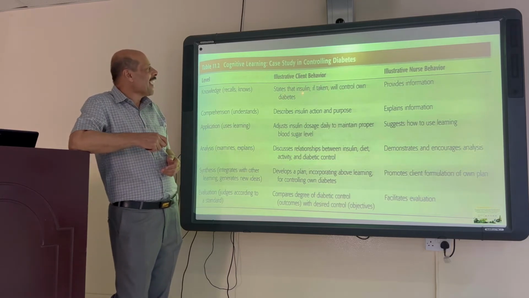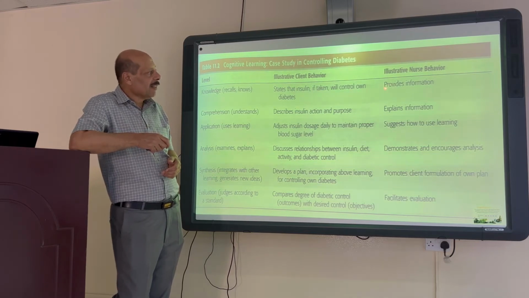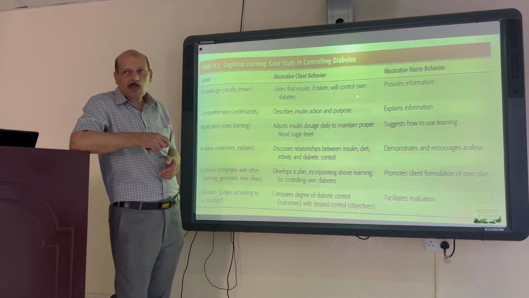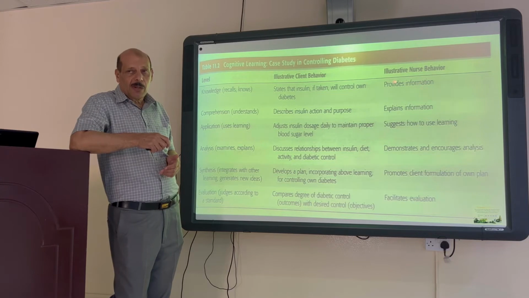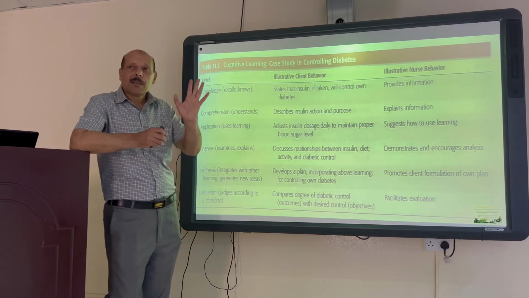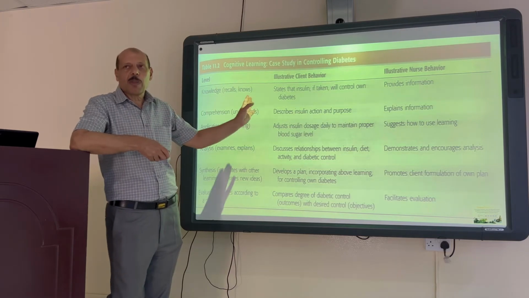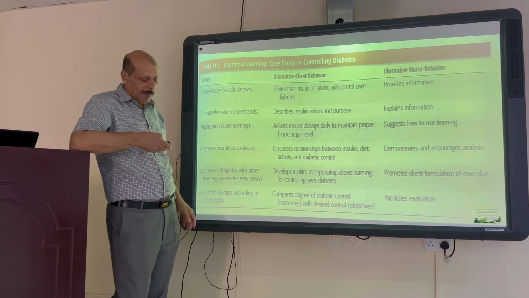For example, state that insulin, if taken, will control diabetes. We provide information for them, the illustrative nursing behavior. So in order to recall that, the patient first has to know that the insulin will control their diabetes.